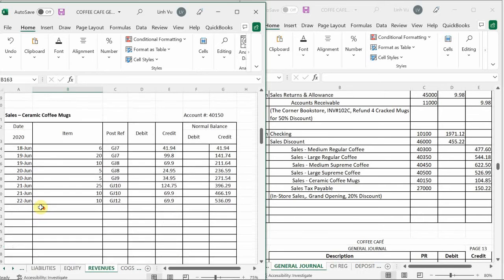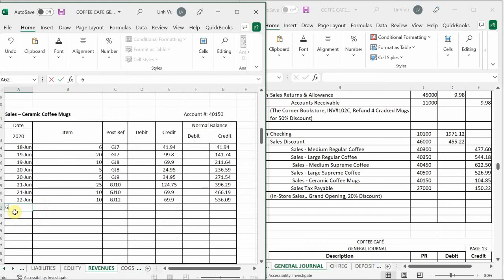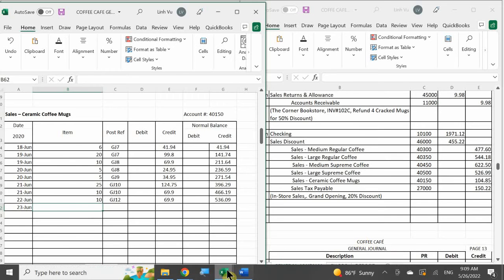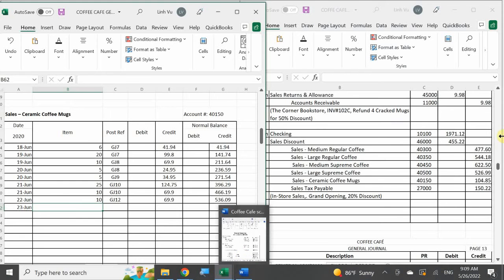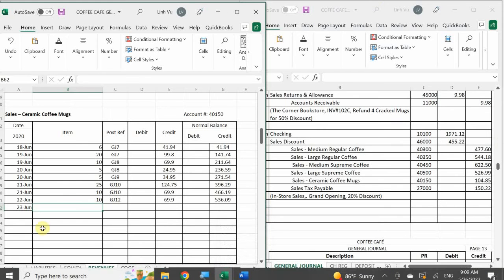How many ceramic coffee mugs did we sell? Oh, no, we sold way more than that. 15. Oh, I was thinking about the last one.